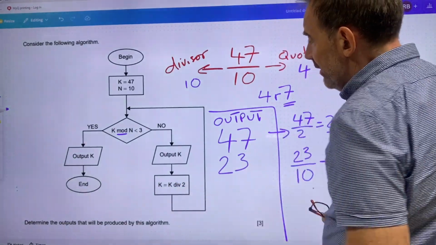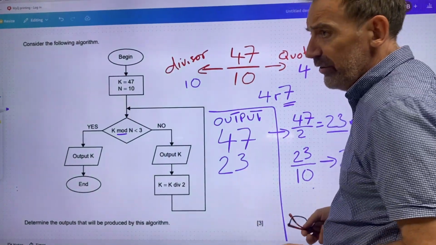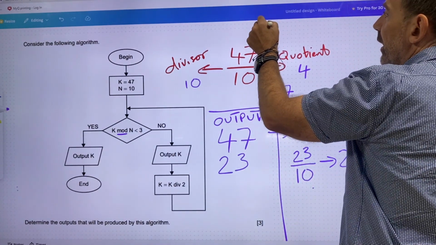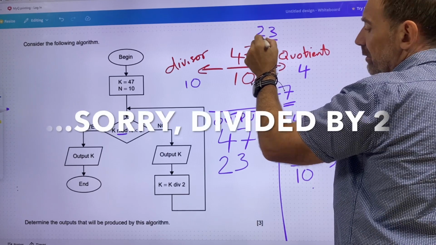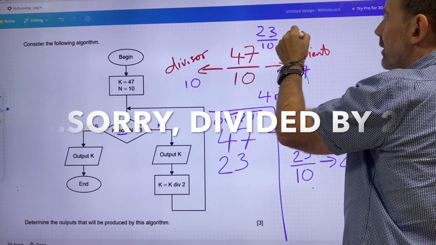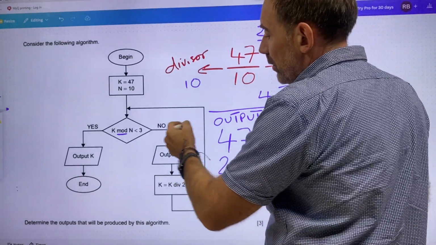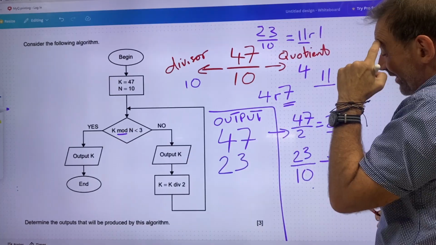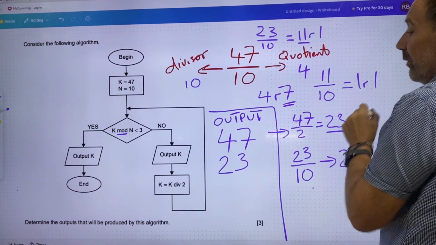K equals k divided by 2. Okay, well, 23 divided by 2 would be 11, remainder 1. So, when we divide 11 by 10, that would equal 1, remainder 1.